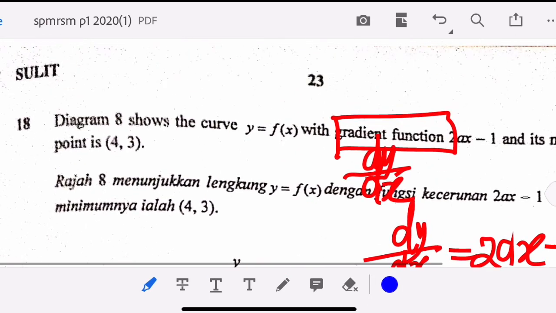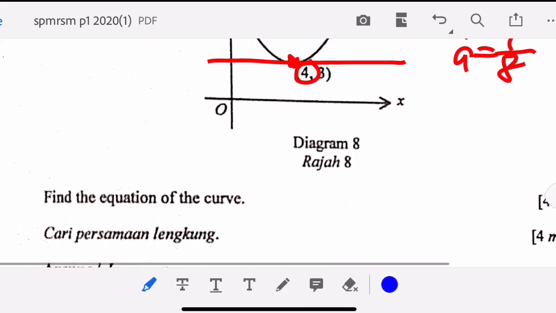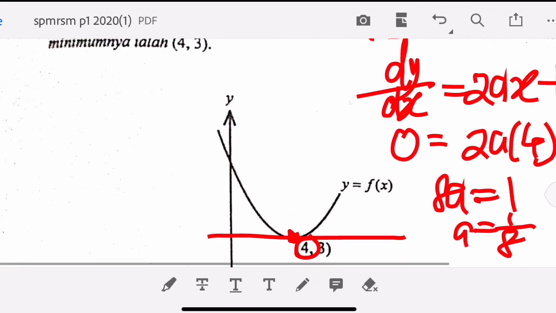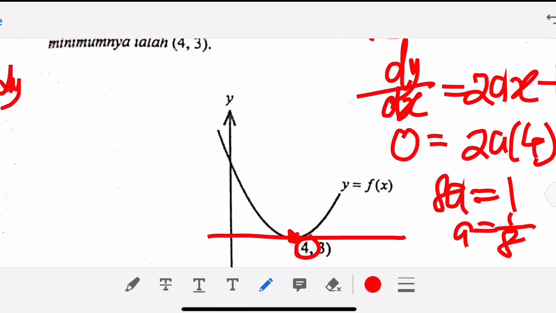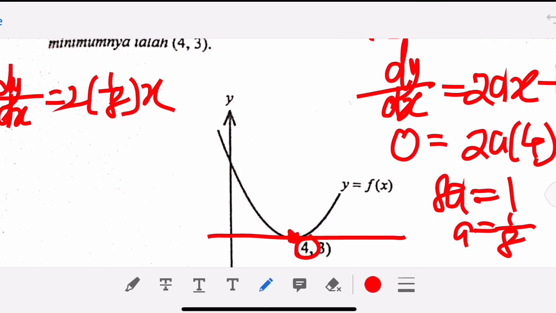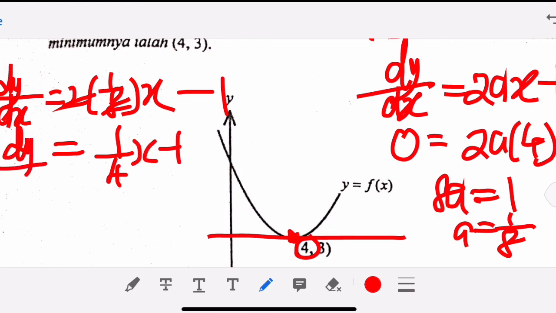Right, so now the question is asking for the equation of the curve, meaning that we need to find y. So we start from dy/dx = 2ax minus 1, with a = 1 over 8, and simplify to 1 over 4 x minus 1 for dy/dx.